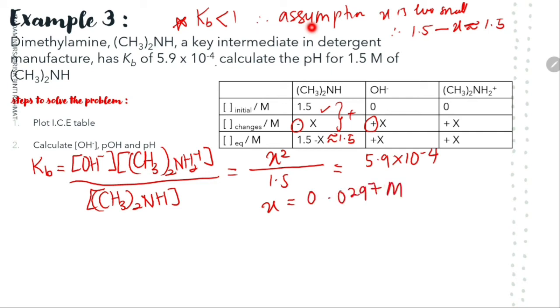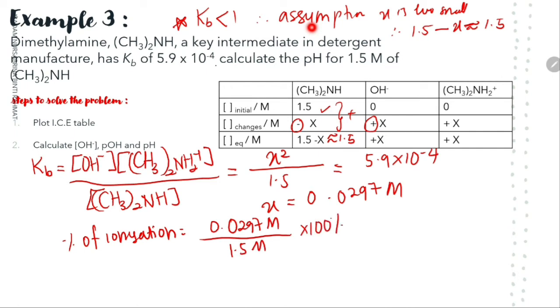0.0297 molar. Now we're going to check our percentage of ionization, to see whether our assumption is justified or not. Percentage of ionization is the change in concentration, which is your X, so 0.0297 molar divided by the original concentration, 1.5 molar, times 100%.